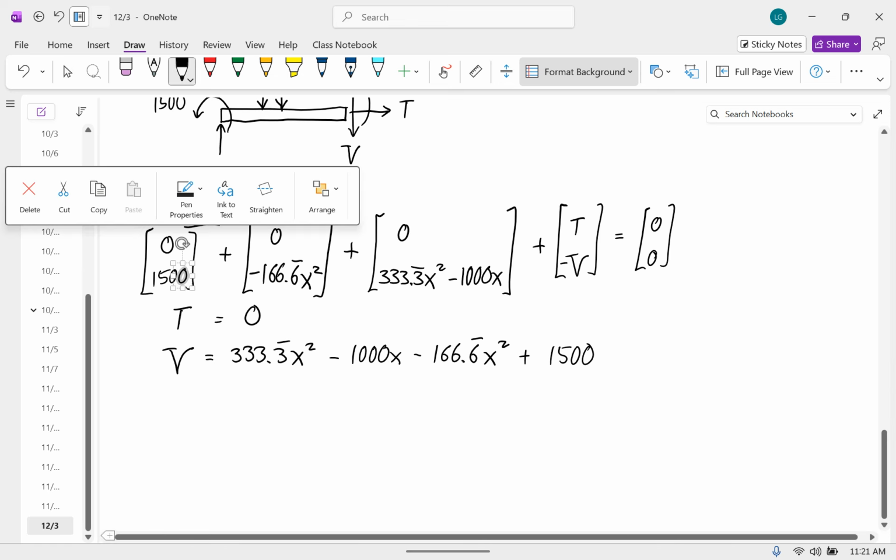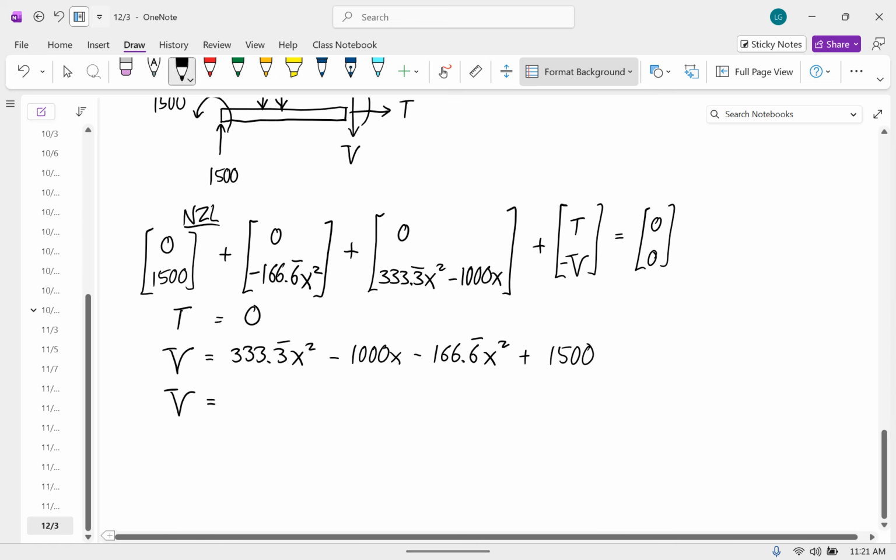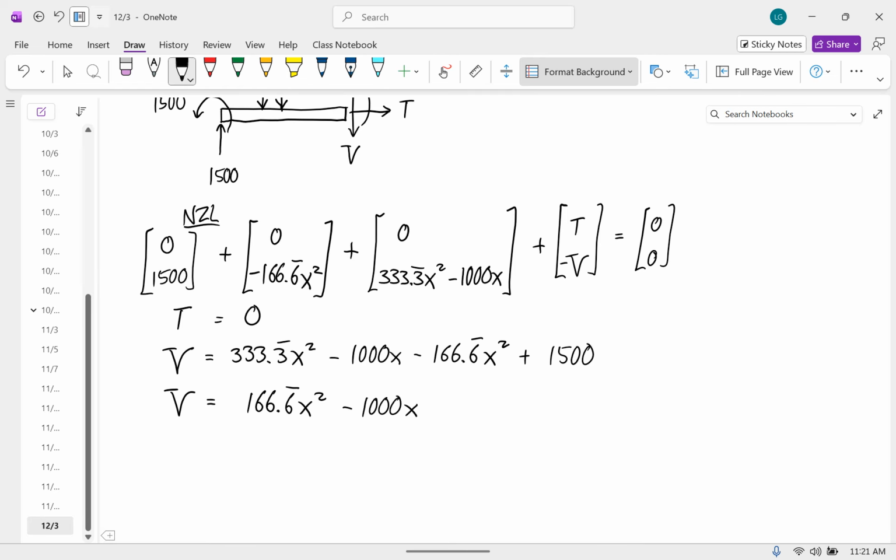And now I'll combine the like terms and you get V is equal to positive 166.6 repeating x squared minus 1000x plus 1500.